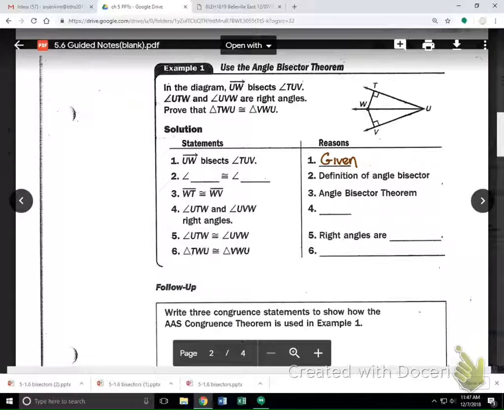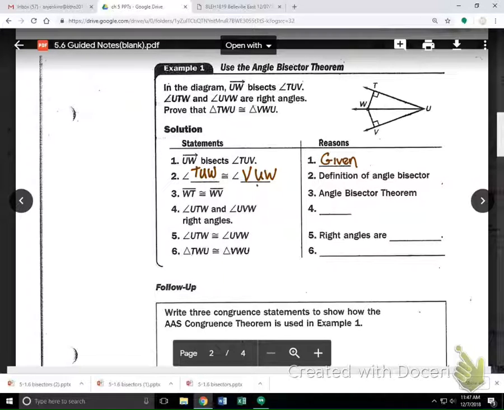So what angles did it form for them to be congruent? So angle TUW is congruent to VUW. So be careful. Order matters here.